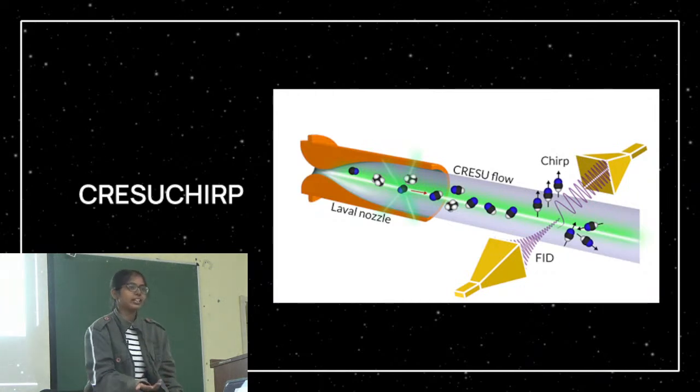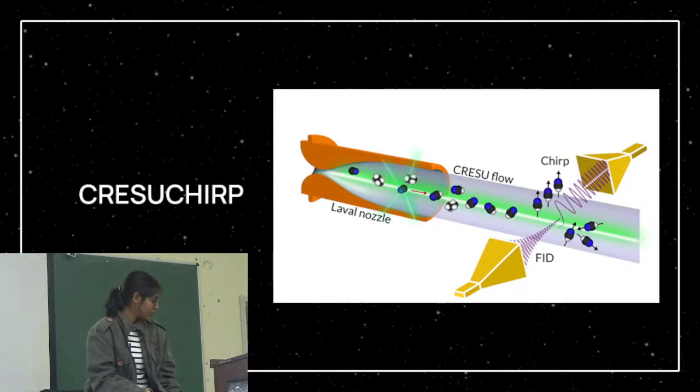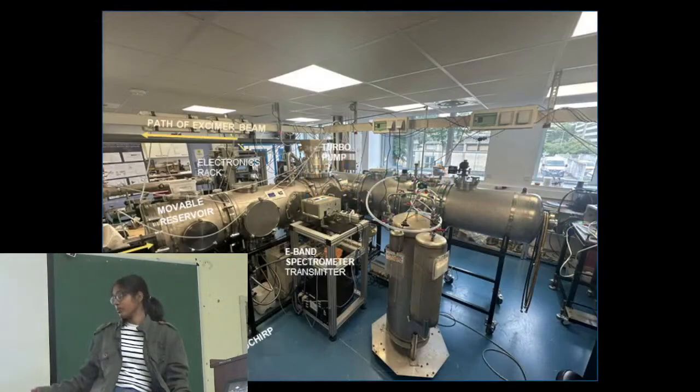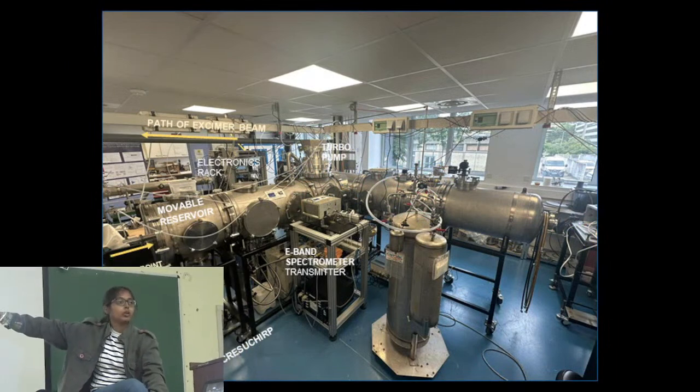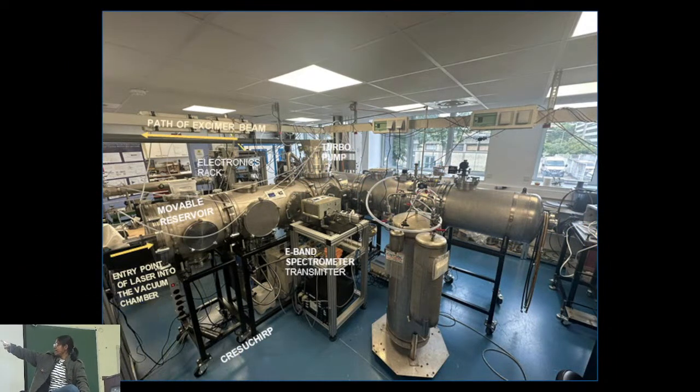Now it's question time again. No, wait. You first get to see the whole setup. This is what it looks like. So that's the crystal chamber. There's a movable reservoir where you fill your gas. Behind that is the crystal chamber, which has been pumped out. Actually, the pumps are not here. They are on the floor beneath. There's a hole in the floor, and through it there's a valve which is used to pump out the chamber directly.